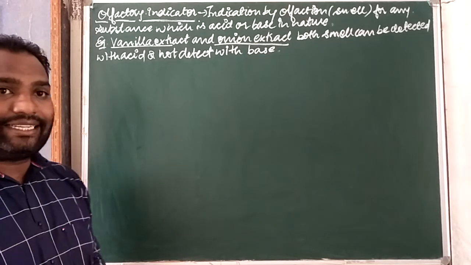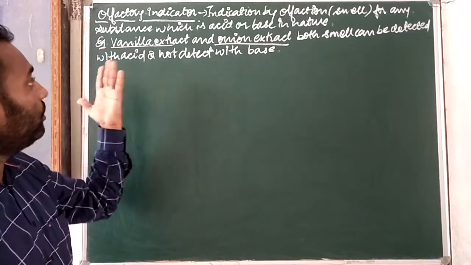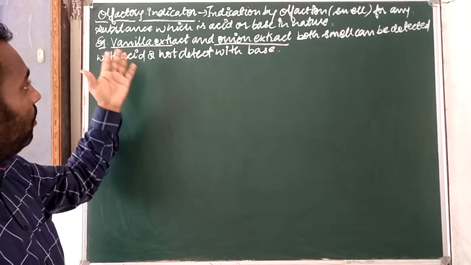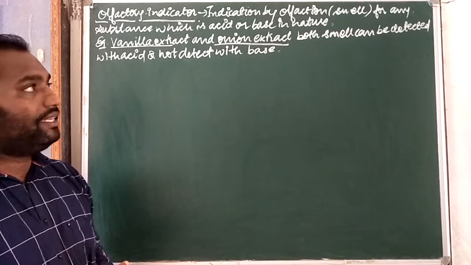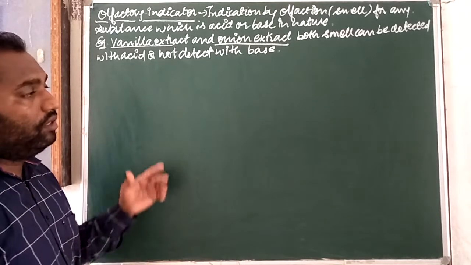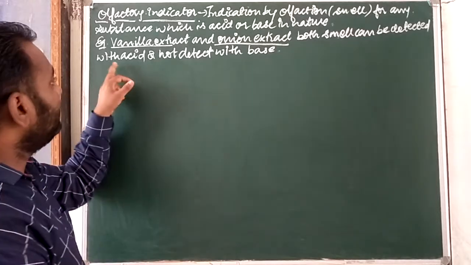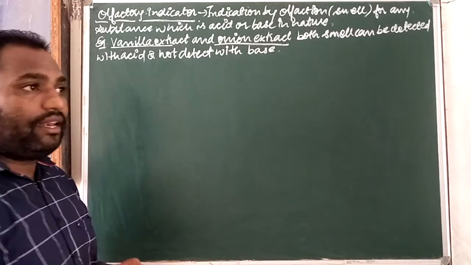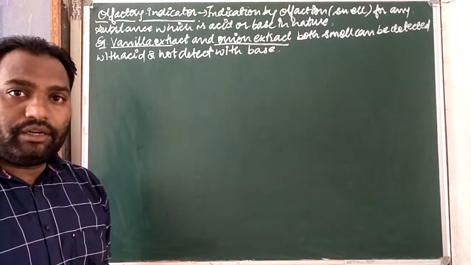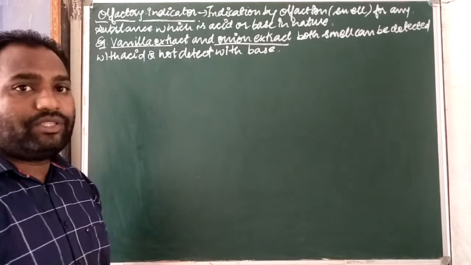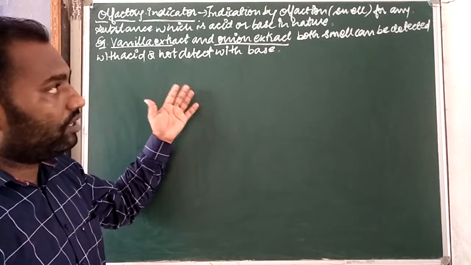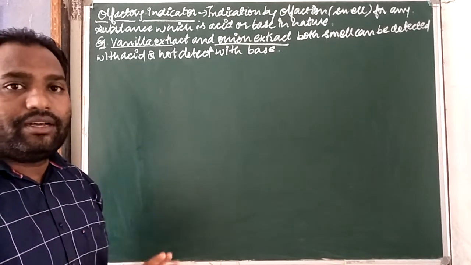If we detect the onion or vanilla smell with this cloth, then it is an acid. If we cannot detect the onion or vanilla odor, then it is a base. It means with a base they cannot give the smell, and with an acid they can give the smell.